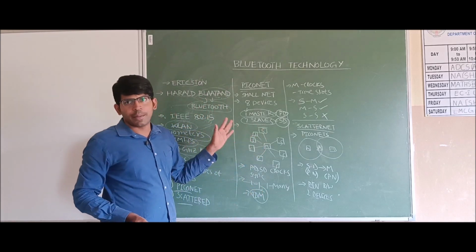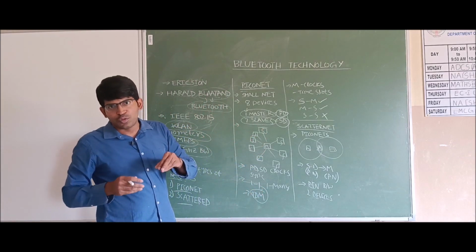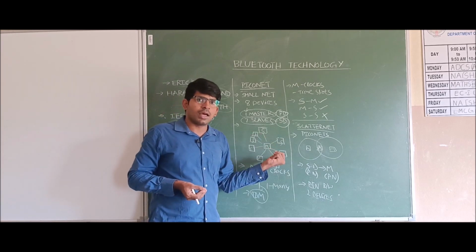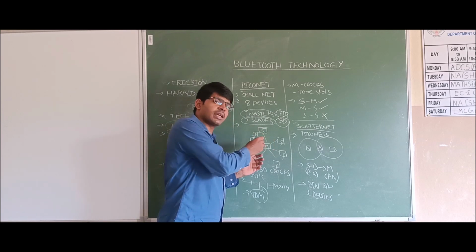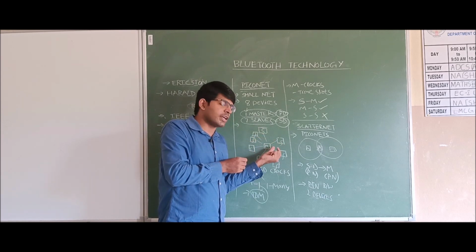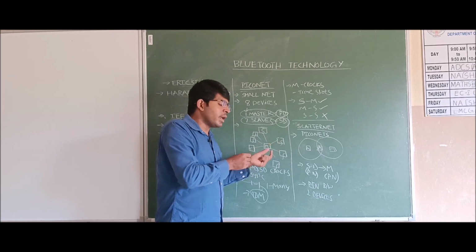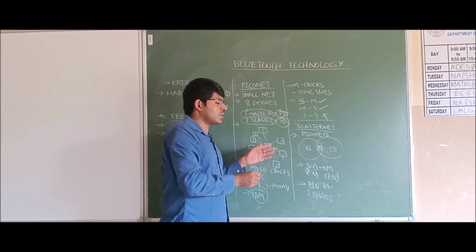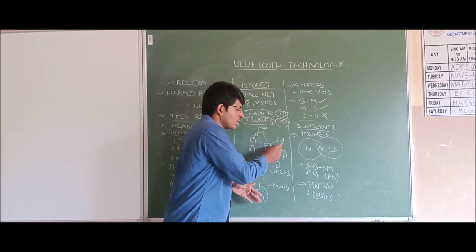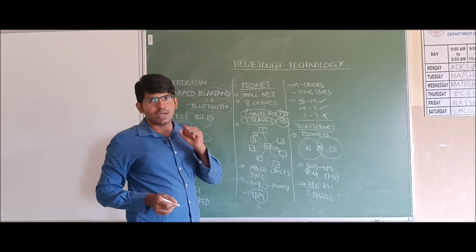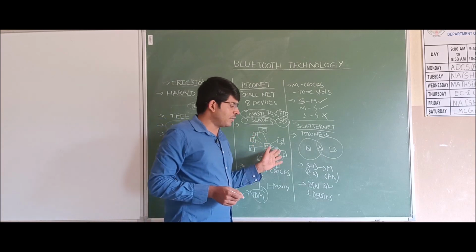Here the communication happens with the multiplexing technique called time division multiplexing. This means the master can allocate some time for sending data to one slave, and when the master wants to send the data to the second slave, in the next time slot, the master will send the data to that secondary device.